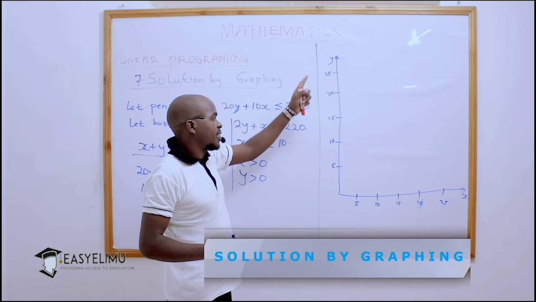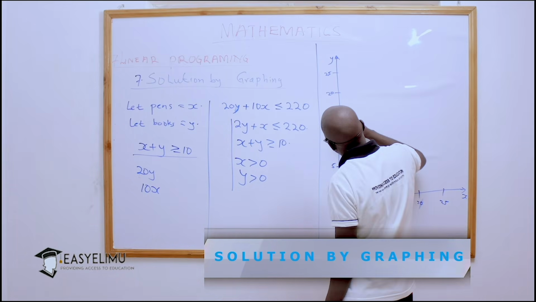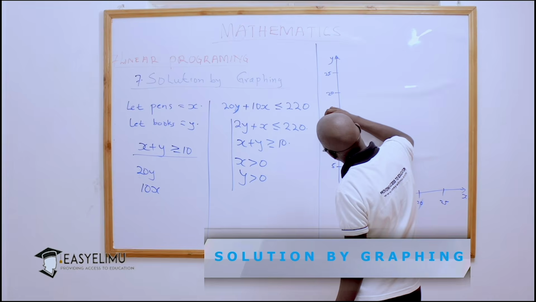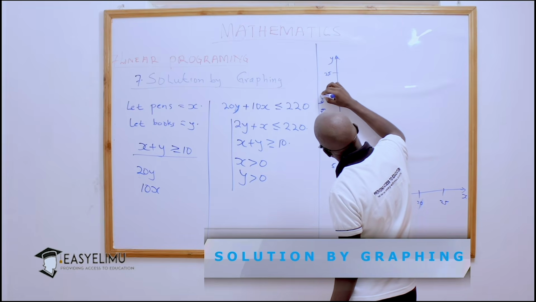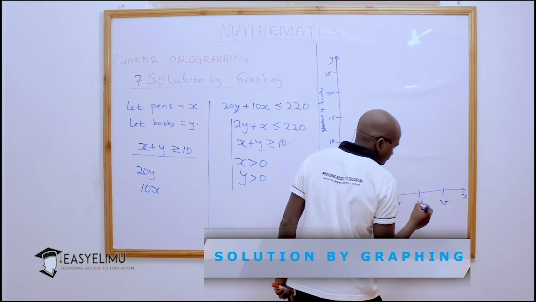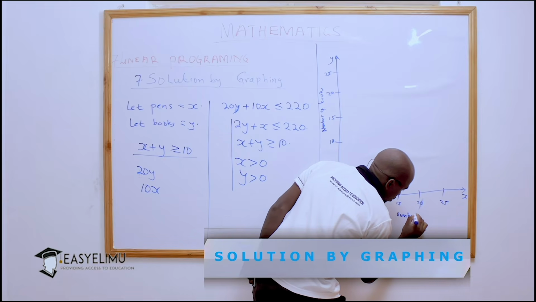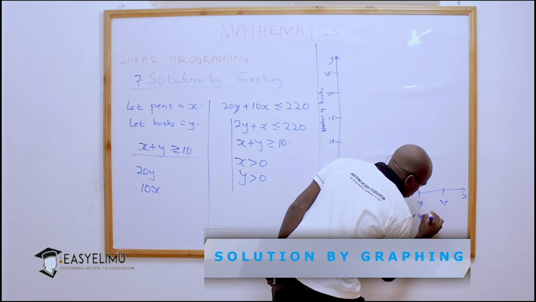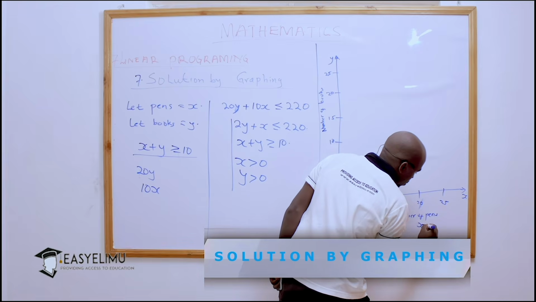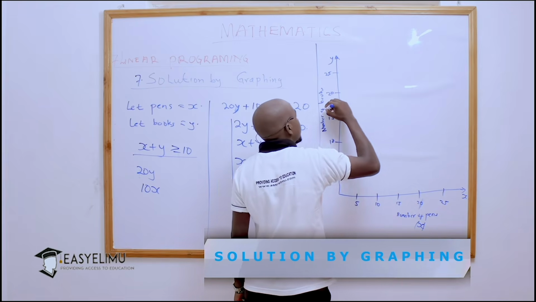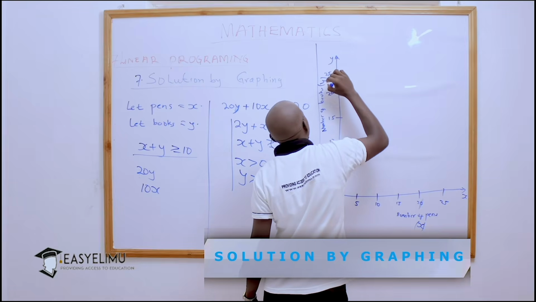Let the y-axis represent the number of books bought, and the x-axis represent the number of pens, which means this will be x and this is y.